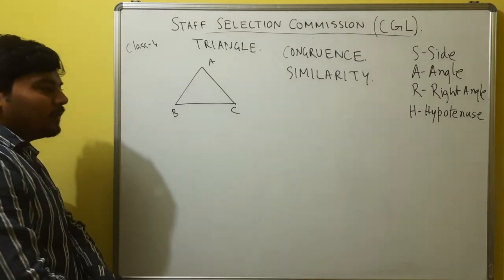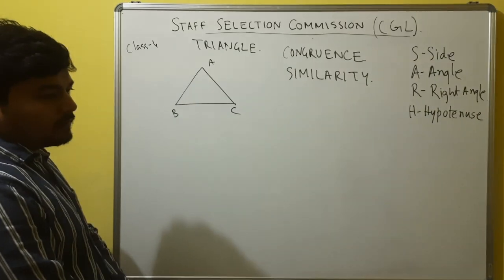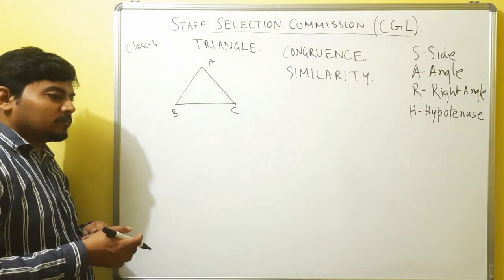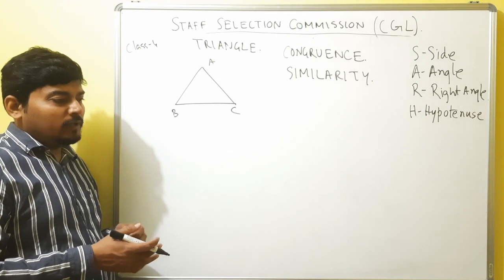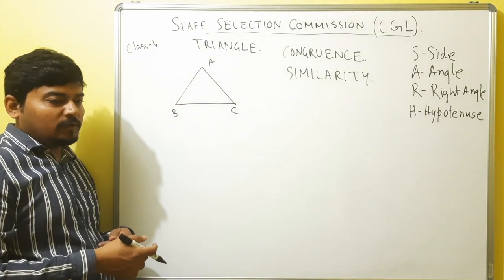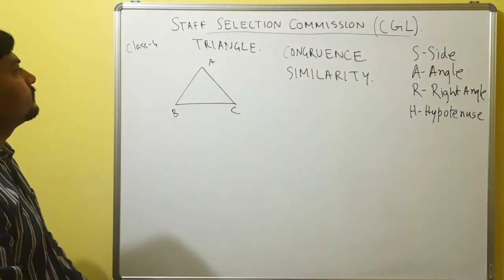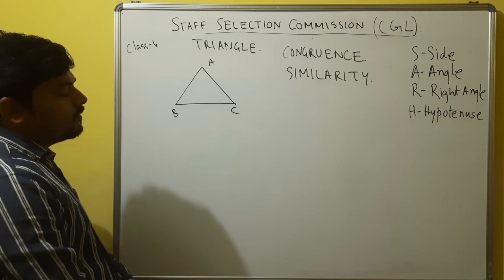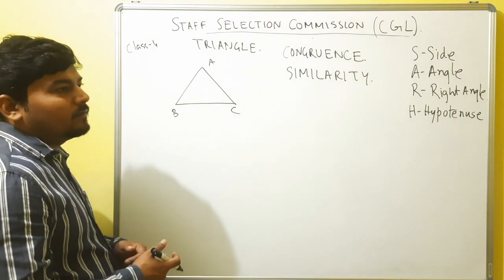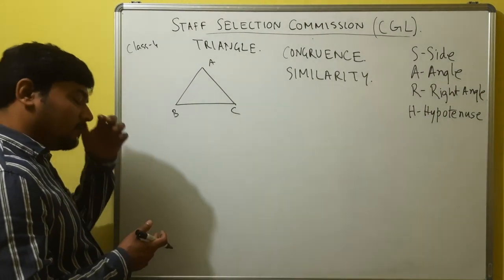A triangle is a fully covered area by three straight lines. Or maybe you can say a triangle is an area fully surrounded by three straight lines. So that's a triangle.